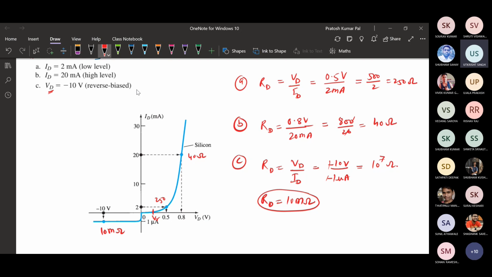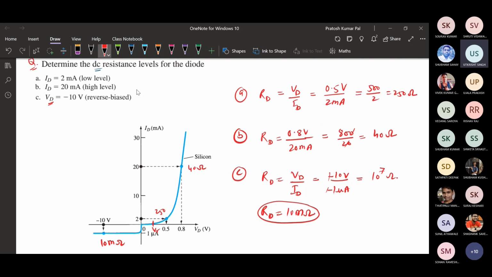So once we move above the cut-in voltage, the DC resistance decreases. If we move in the opposite direction, the DC resistance will increase.